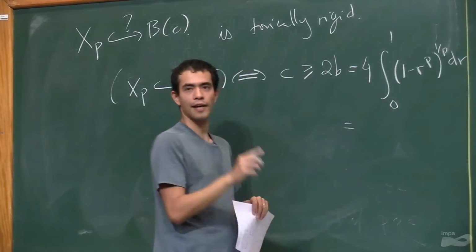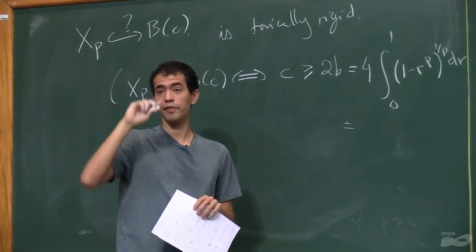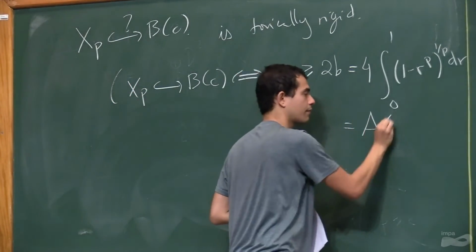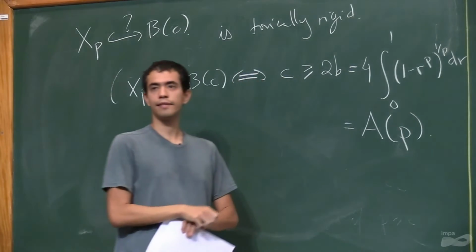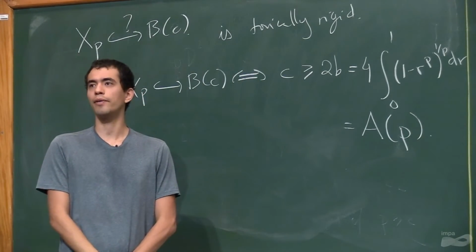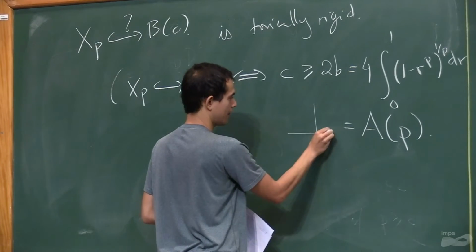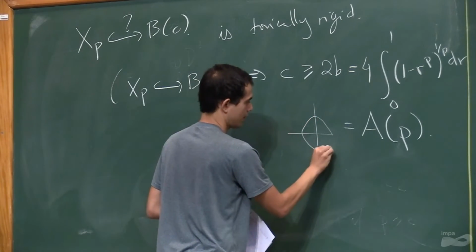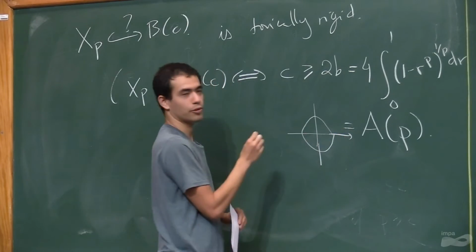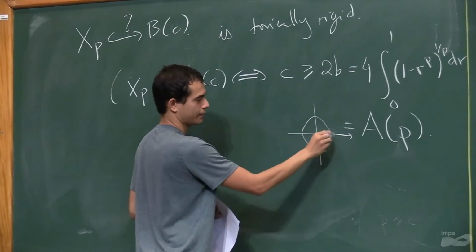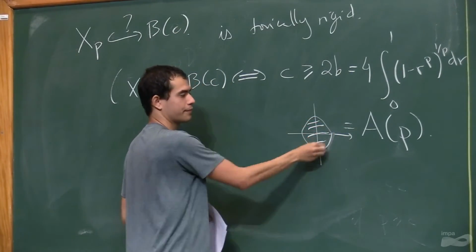And this is nothing else than the area of the unit disk in the L^p norm. Sorry, my drawing is kind of bad, but I think you know what I mean.